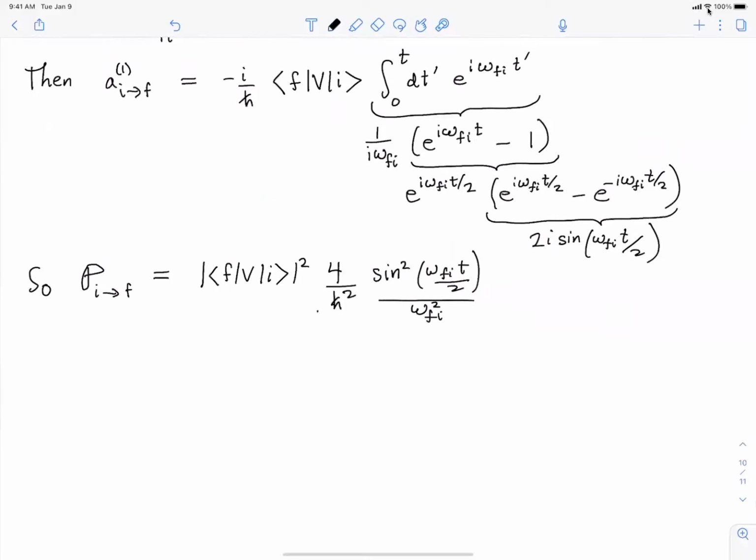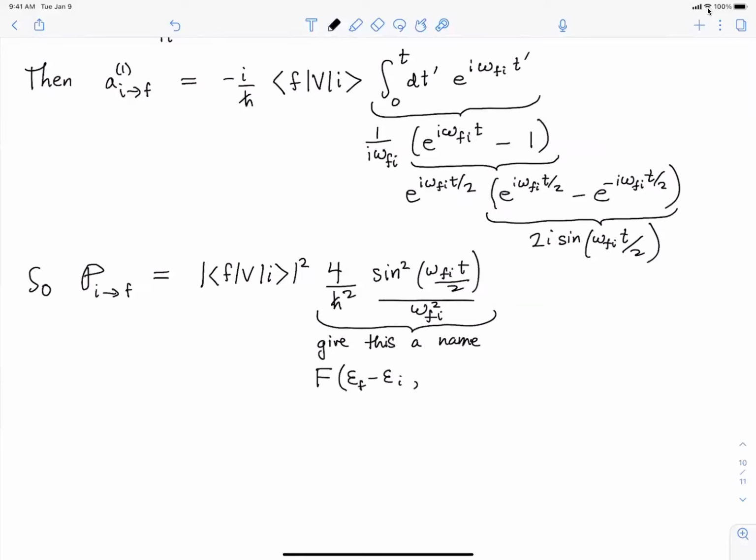And because we're going to be seeing that function a lot, let's give it a name. And the name we're going to give it is capital F. And so what does this thing depend on? One way of saying what it depends on is it depends on the difference in energies, because that's just proportional to the difference, the omega fi.